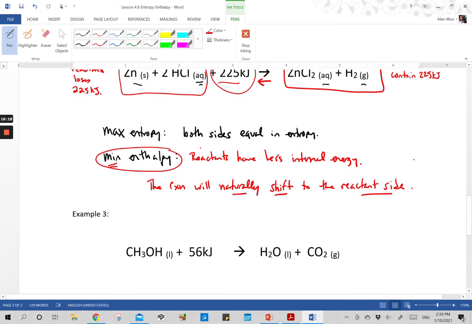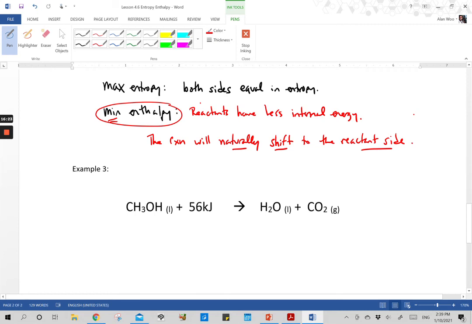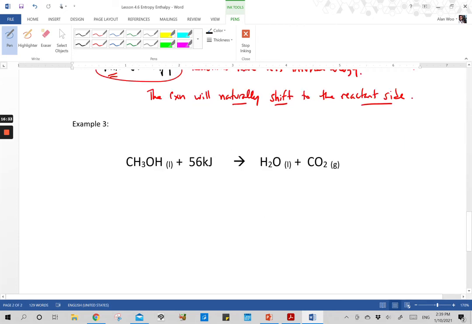So let's look at the final example here. Okay, so same kind of scenario. We want to find out which side has maximum entropy and which side has minimum enthalpy. So again, entropy is the easier one to do.